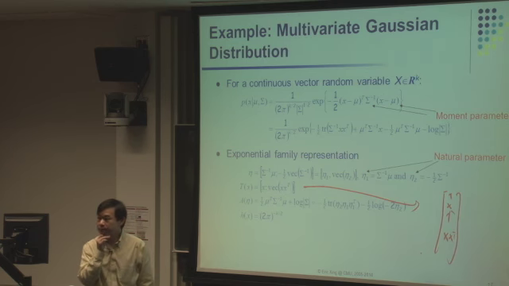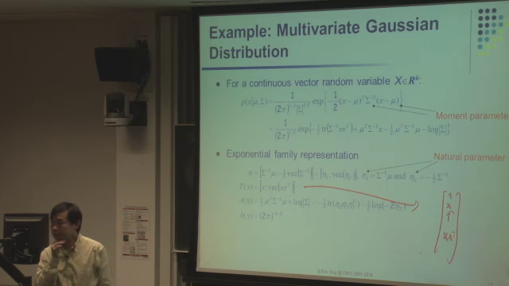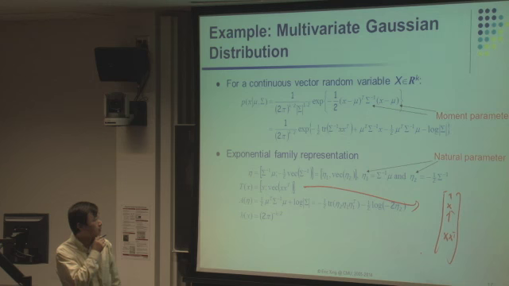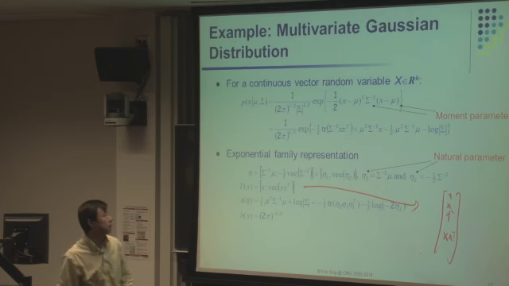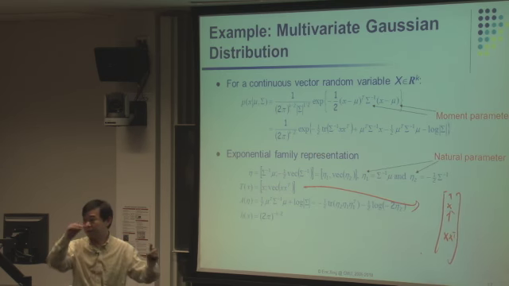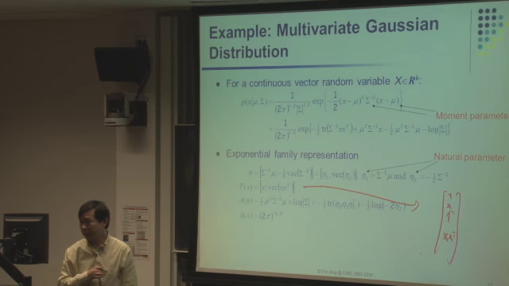Question? Why do we need a different T of x and h of x? And what is the significance of sufficiency? Very good question. The h of x in here, you of course can exponentiate and put in here and blow up, but that's a constant offset which does not have to be estimated.